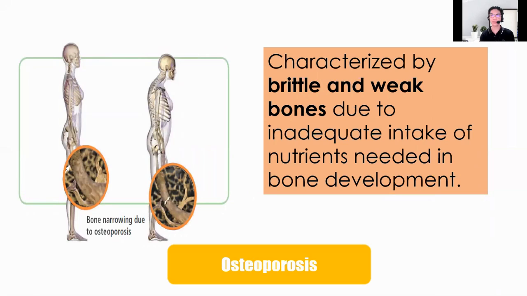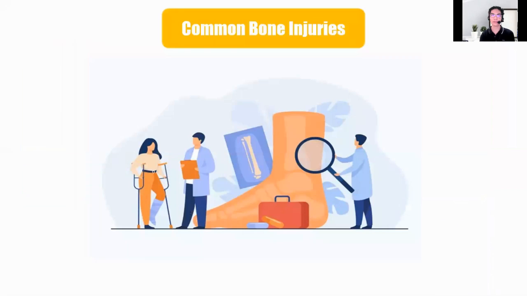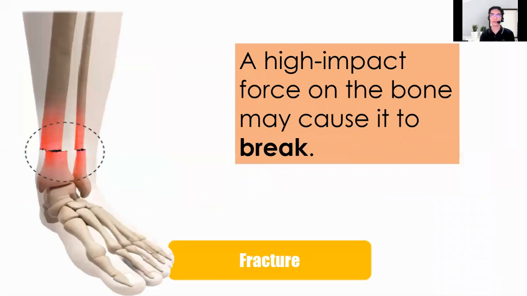Osteoporosis. Osteoporosis is characterized by brittle and weak bones. This is because of inadequate intake of nutrients needed in bone development. Common bone injuries. Fracture. A high impact force on the bone may cause it to break.